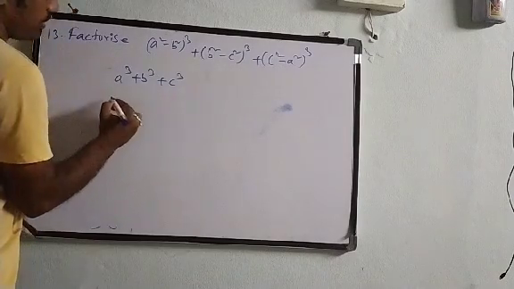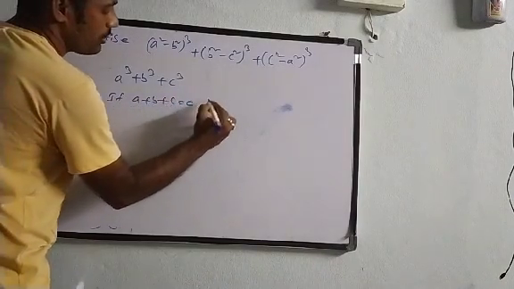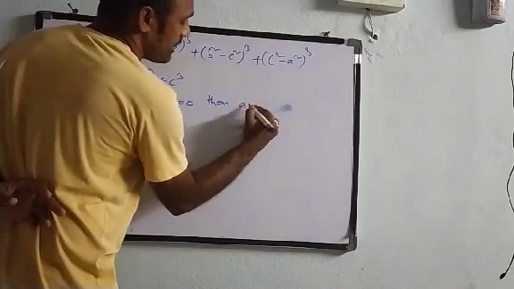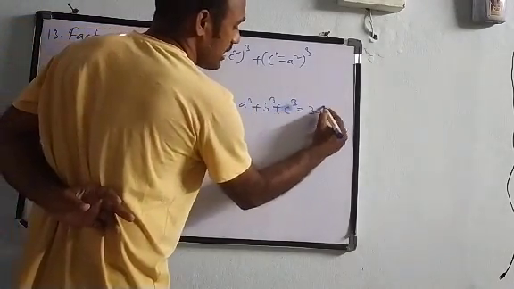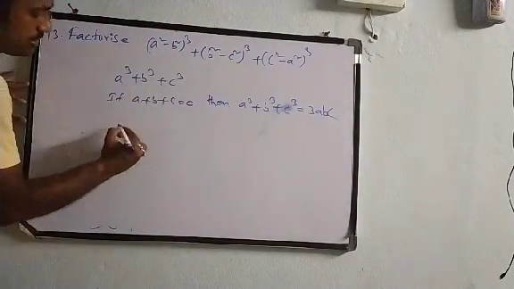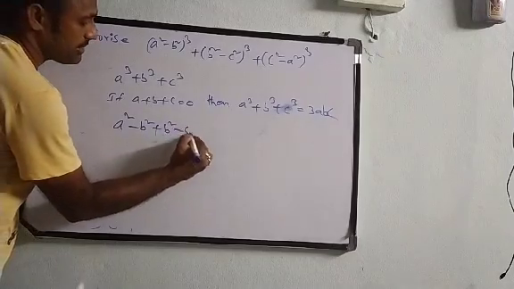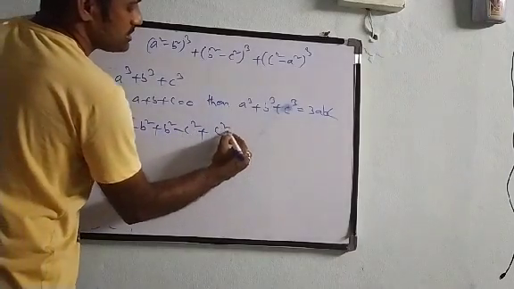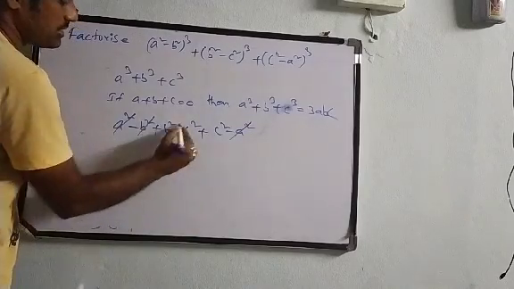So for a cube plus b cube plus c cube, we have two conditions. If a plus b plus c is 0, then a cube plus b cube plus c cube is equal to 3abc. So let me check whether a plus b plus c is 0 or not. a is a square minus b square, plus b square minus c square, plus c square minus a square. So the squares get cancelled.